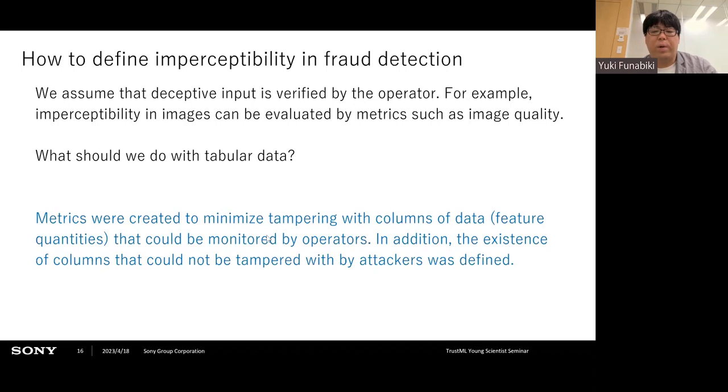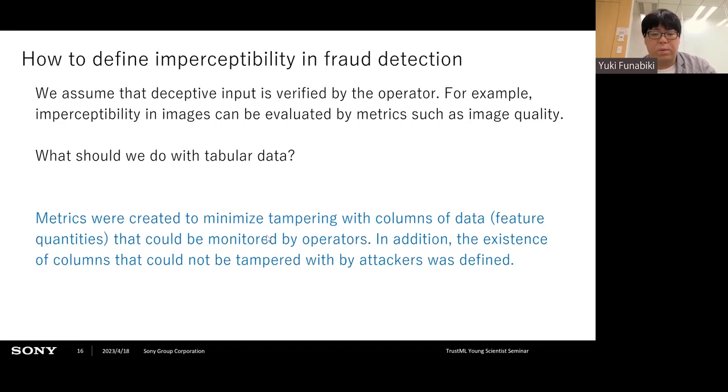For example, an operator checks the total of some cost, or age, or other factors, and if such a sensitive column is tampered with, we assume that the operator can notice the tampering. We have defined such a metric based on this assumption.